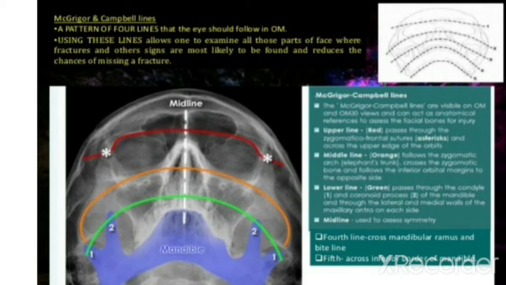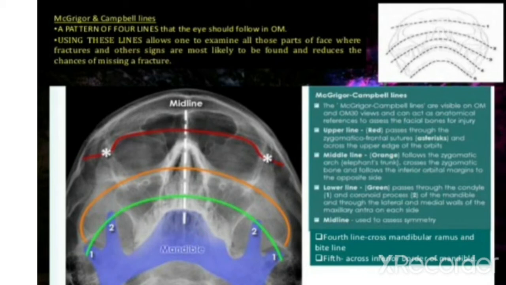And finally the lower line, which is shown by the green line, passes through the condyle and coronoid process of the mandible, and through the lateral and medial walls of the maxillary antra on each side.